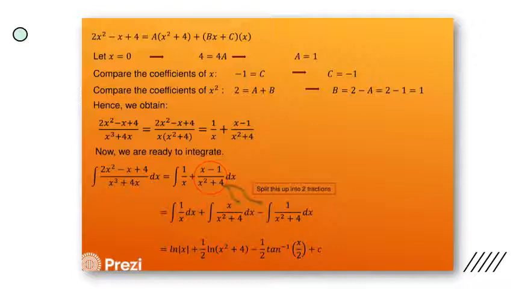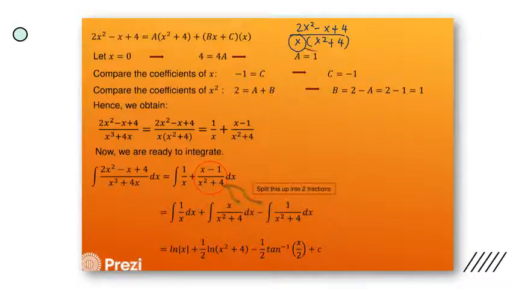Then we equate the numerator parts. So 2x squared minus x plus 4 equals A times x squared plus 4 plus Bx plus C times x, by looking at the original function, 2x squared minus x plus 4 over x times x squared plus 4.